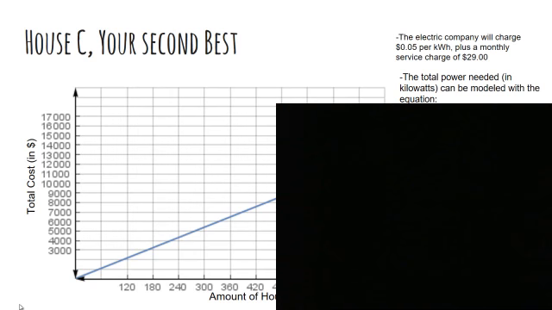The hourly charge for the use of electricity for a single month can be modeled by the equation cost equals 17.9x plus 29, where x is the amount of hours. For example, we also plugged in 360 for that, and once we worked that out, we got $6,473. That's pretty expensive. It is.